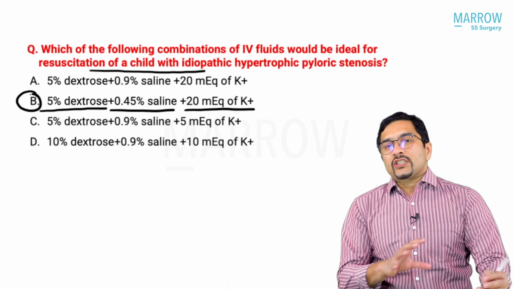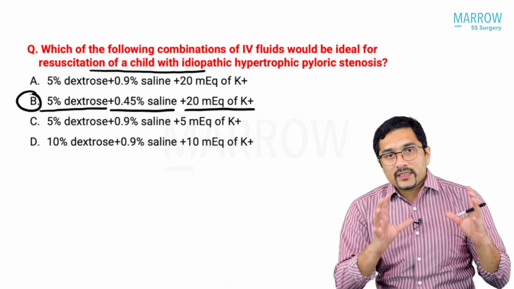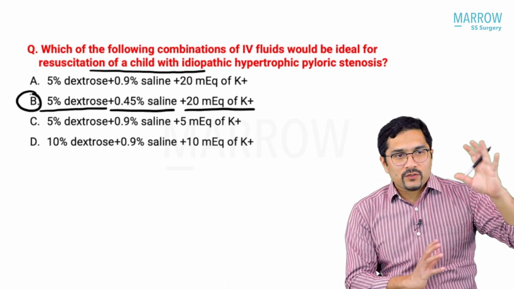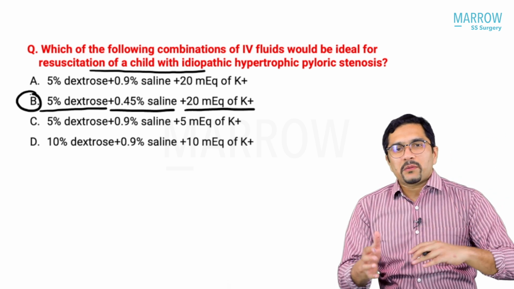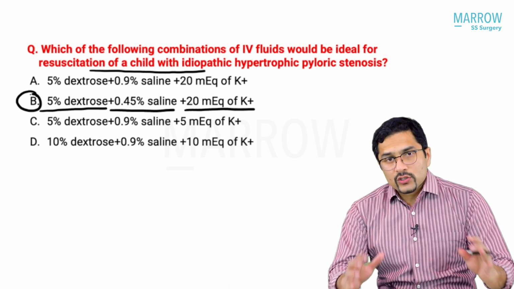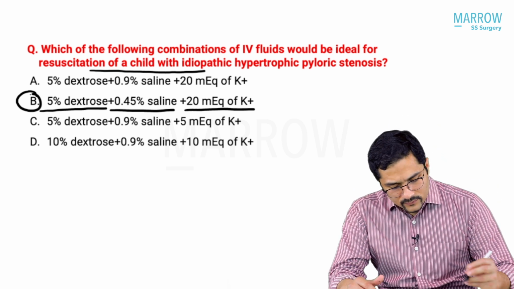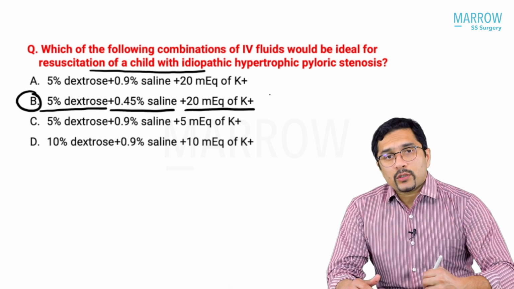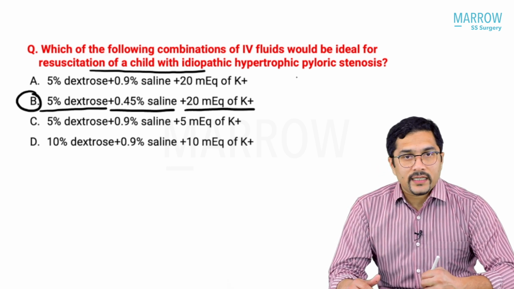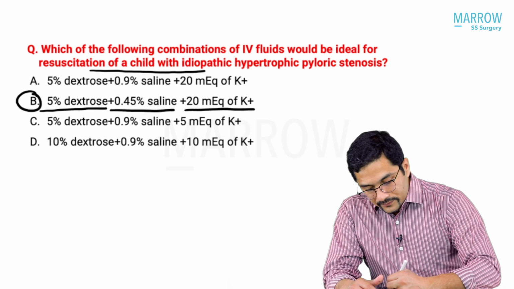There were 2 questions based on this topic, and again one question was asked in one subset, the other one was asked in another subset. So, what you can see is that the topics were remaining the same. I have already told you that potassium should be added only when the kidney function recovers.